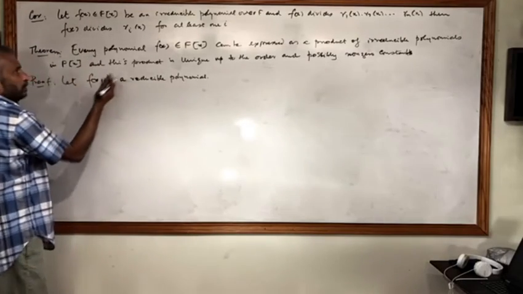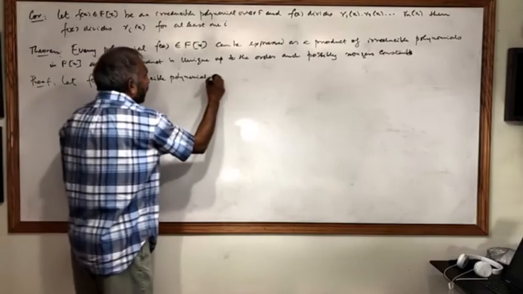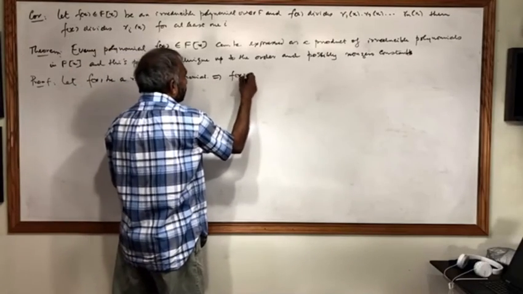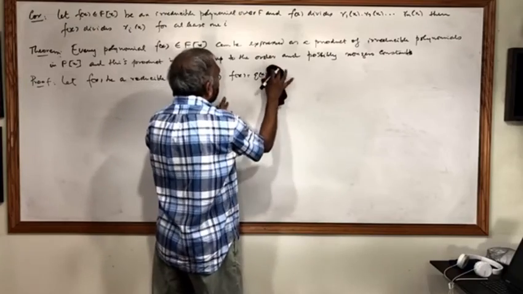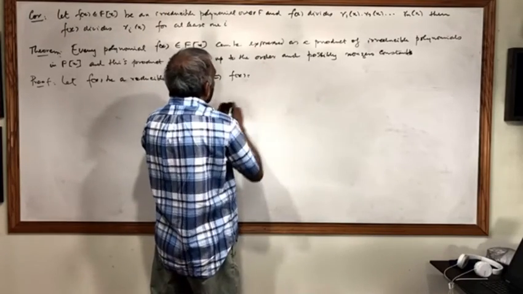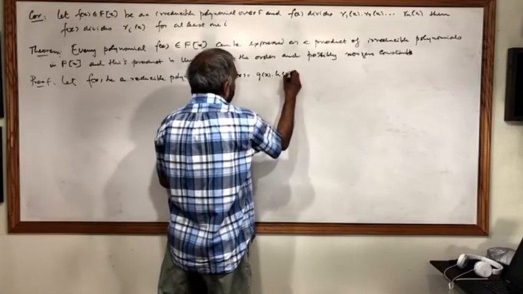Because otherwise we are done, there is nothing to prove. Then that implies f of x is equal to, let's say, g of x times h of x.